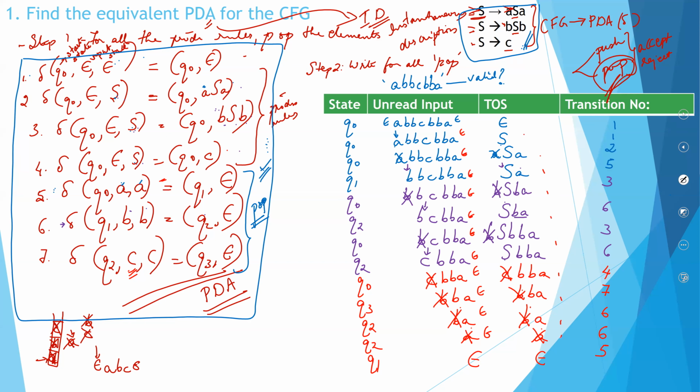Top of the stack, you took out everything from the stack. You don't have anything in your stack, which means the input is epsilon. The top of the stack is also epsilon, which means you have reached the empty stack state, which means this particular string is valid.